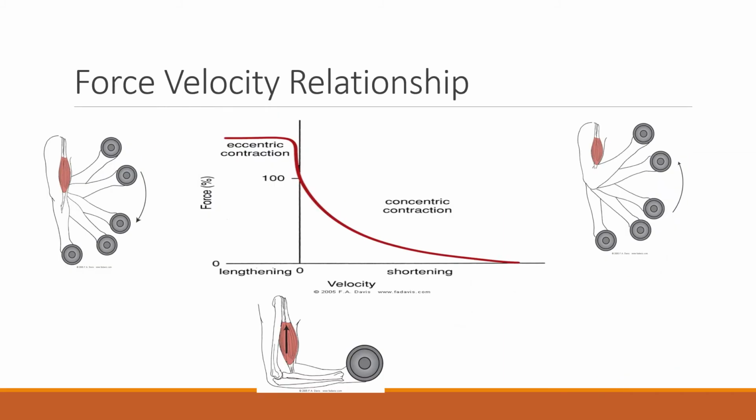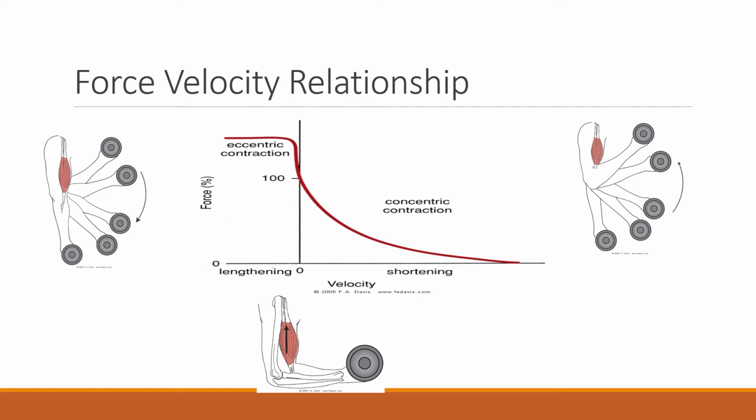Another factor that influences the amount of tension that a muscle is able to generate is its direction of contraction or direction of activation and its velocity. This is a factor that you're going to have to concentrate on really carefully because it really blows the mind of a lot of people.